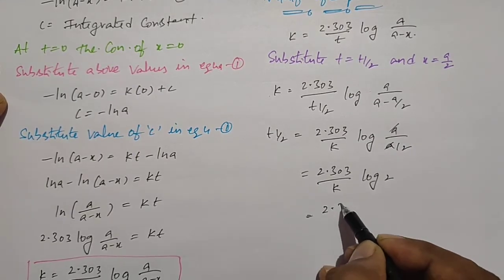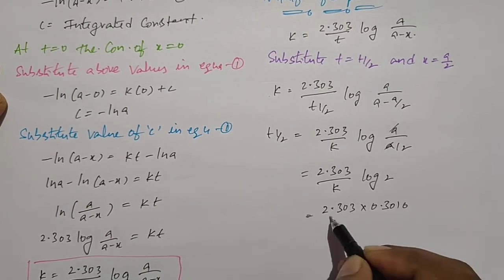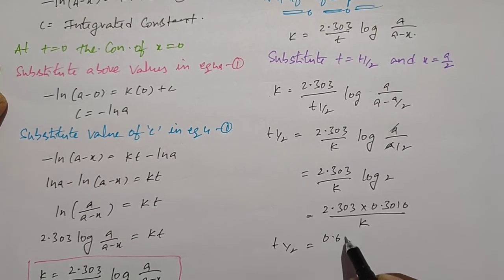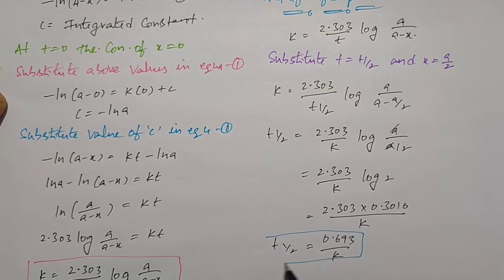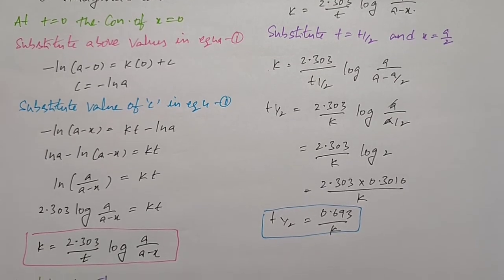So 2.303 into 0.3010 by k. So it is equal to 0.693 by k. So the formula for t half is 0.693 by k.